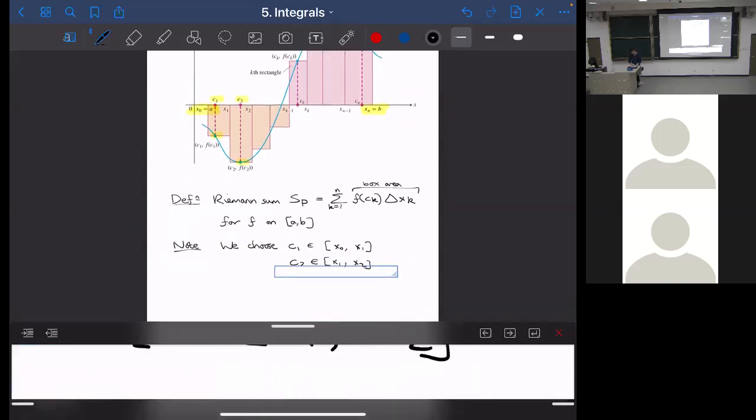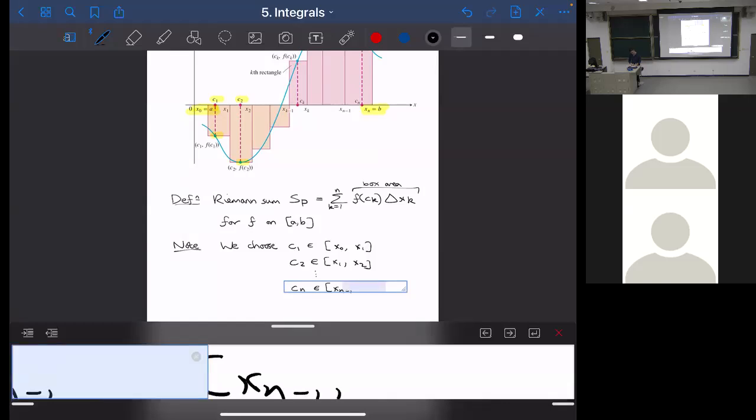So this is what the picture is showing. And the last one would be cn in [x_{n-1}, xn]. So we have a free choice. We can choose an easy place to calculate the function. And we'll see why it's important.